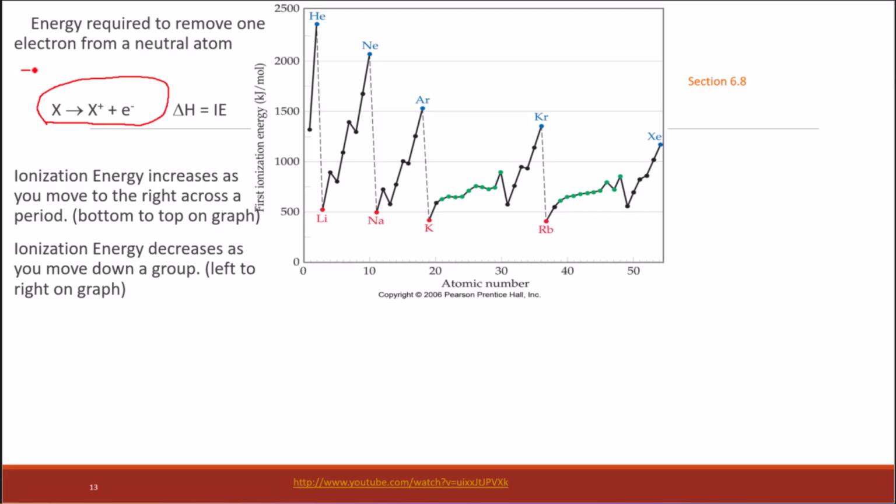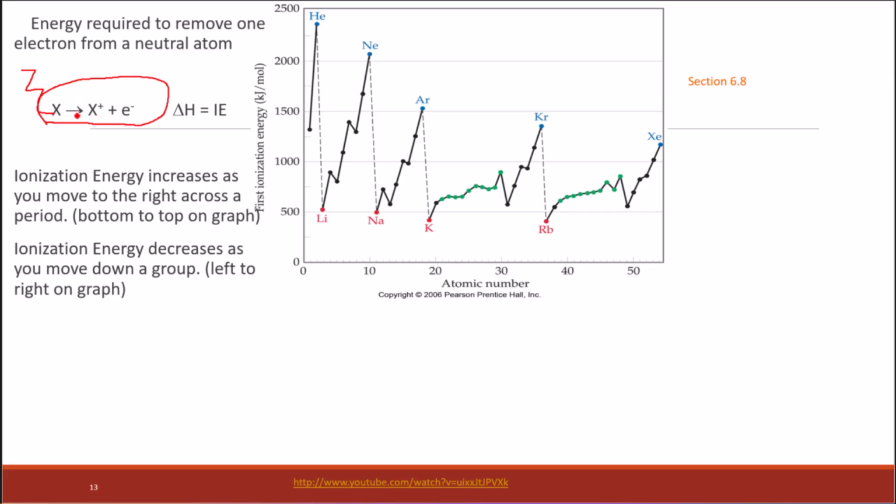You're going to hit it with some energy, enough energy. Remember the photoelectric effect that Einstein wrote a paper on and was awarded the Nobel Prize for. You bombard the atom, and if it's of sufficient energy, you can cause an electron to be removed from the surface of that particular element.